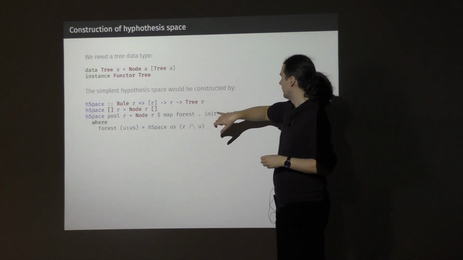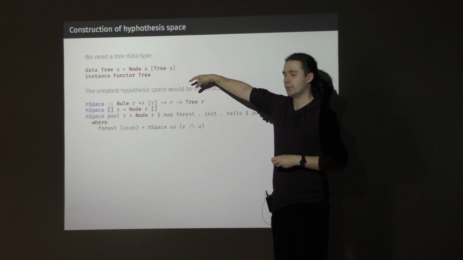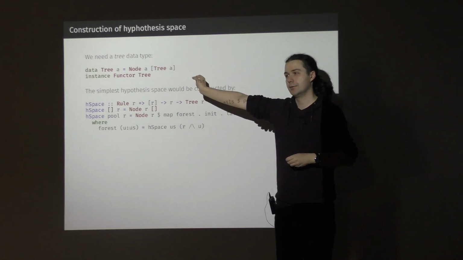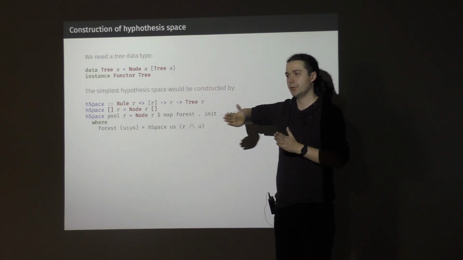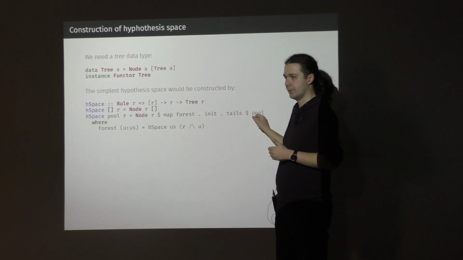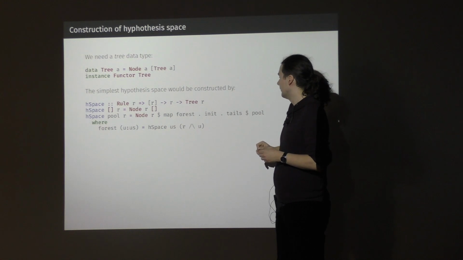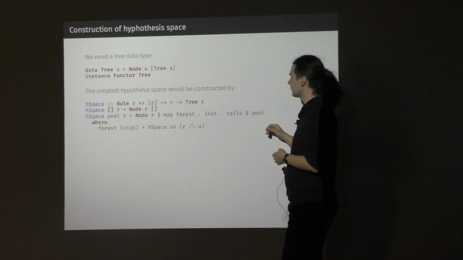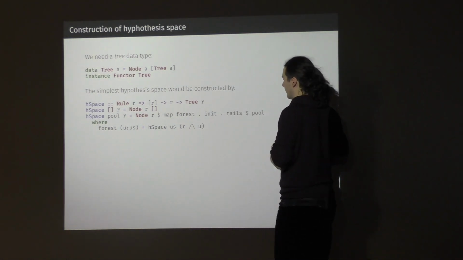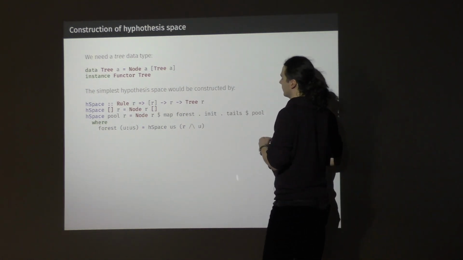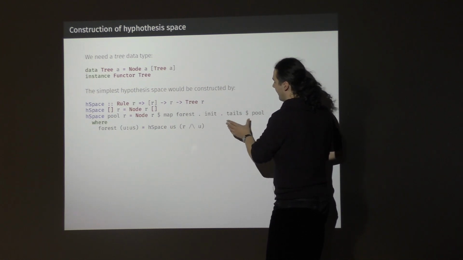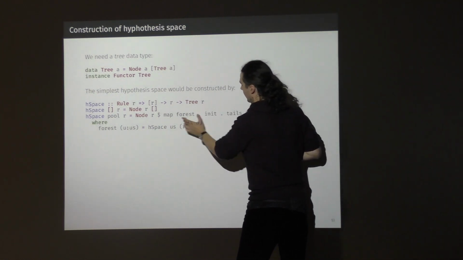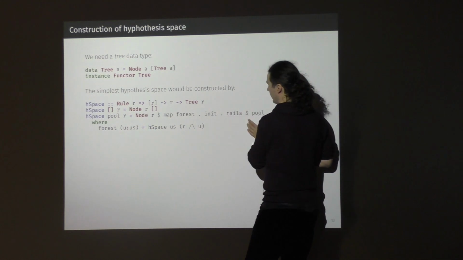And tails is like, sorry, we don't want to take the last one because the last one is an empty list. So we take all possible ends of that list. This corresponds to this unbalanced tree. We could make it symmetric, but let's forget it for now.